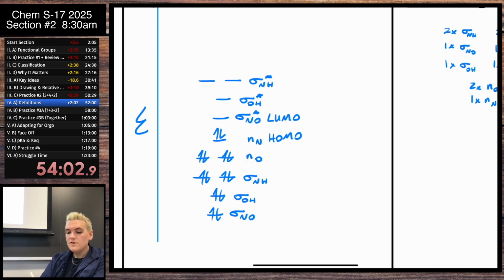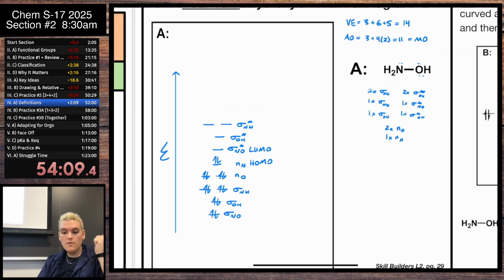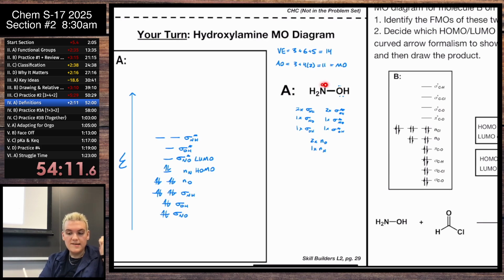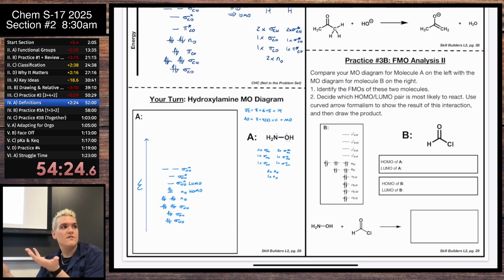Our HOMO is going to be the lone pair on the nitrogen because it's the highest occupied, right? That's the specific label. So here, this lone pair is a donor and it's our HOMO. But this lone pair is also a potential donor. It's a lone pair, but it's not our HOMO, right? So a molecule is only going to have one HOMO and one LUMO. But it could have lots of donors and acceptors.